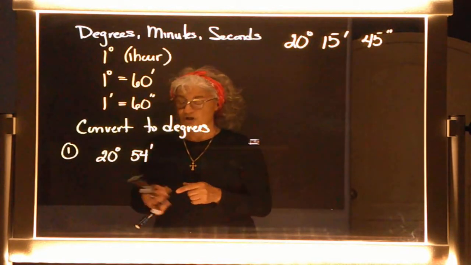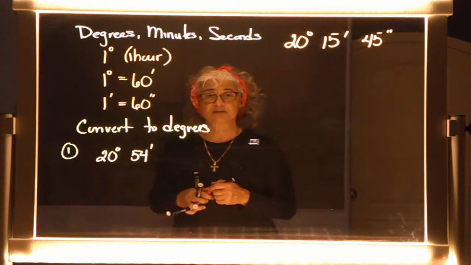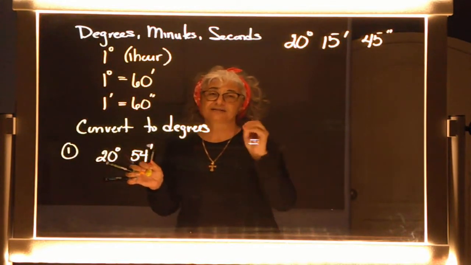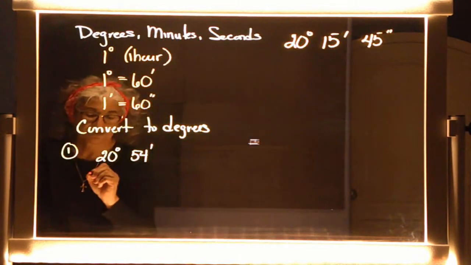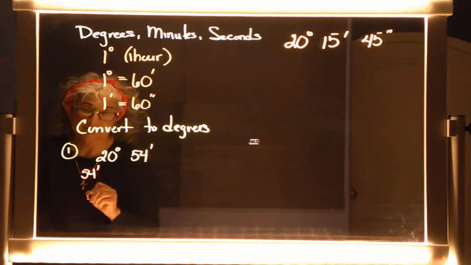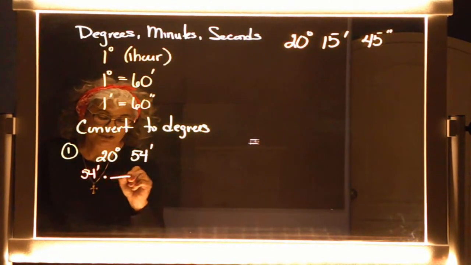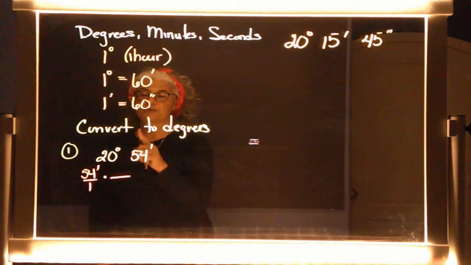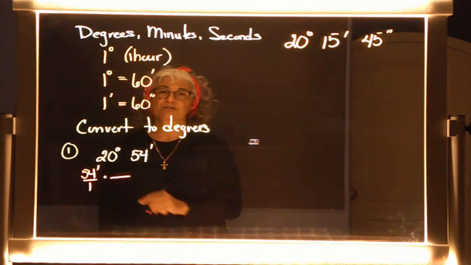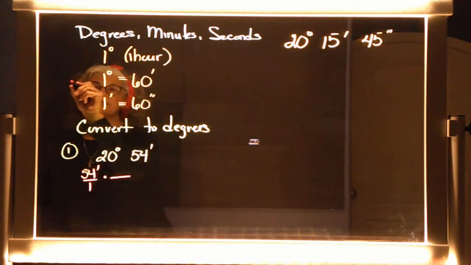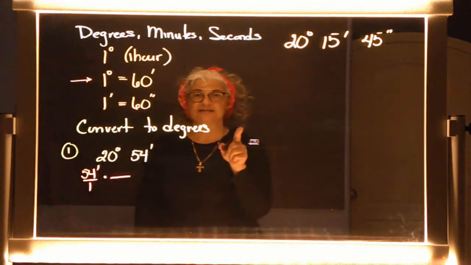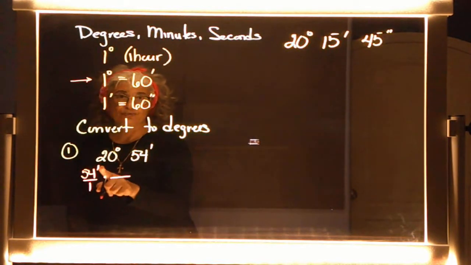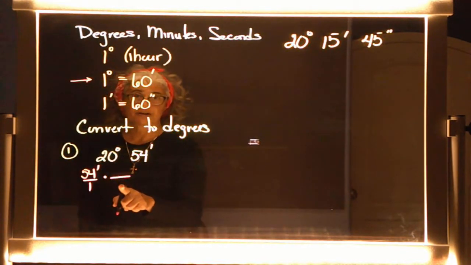So here's the deal. Remember the conversion we did just a few minutes ago between degrees and radians? I'm going to use that same process. I'm going to take my 54 minutes and multiply. I need a conversion between minutes and degrees. That's right, that's this one right here. Because I know 60 minutes is 1 degree, don't I? So, since I'm trying to get rid of minutes, what do I put on the bottom?